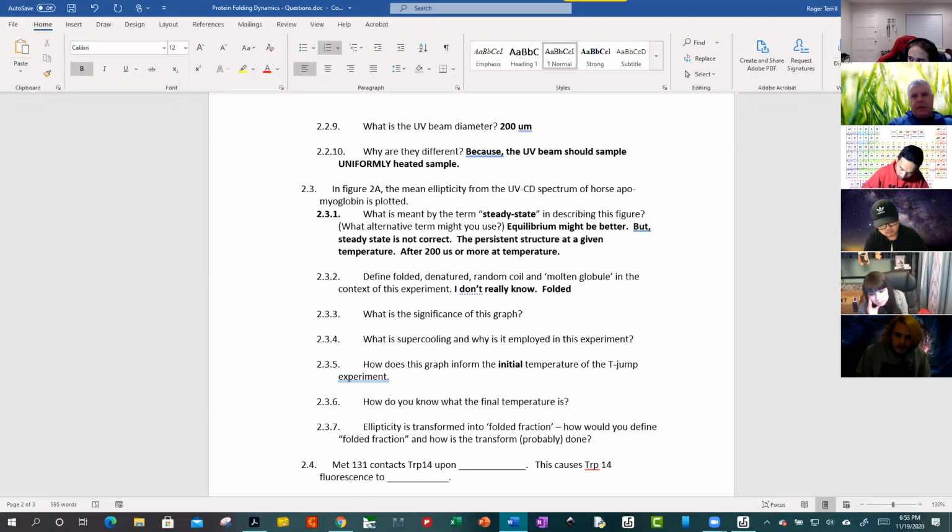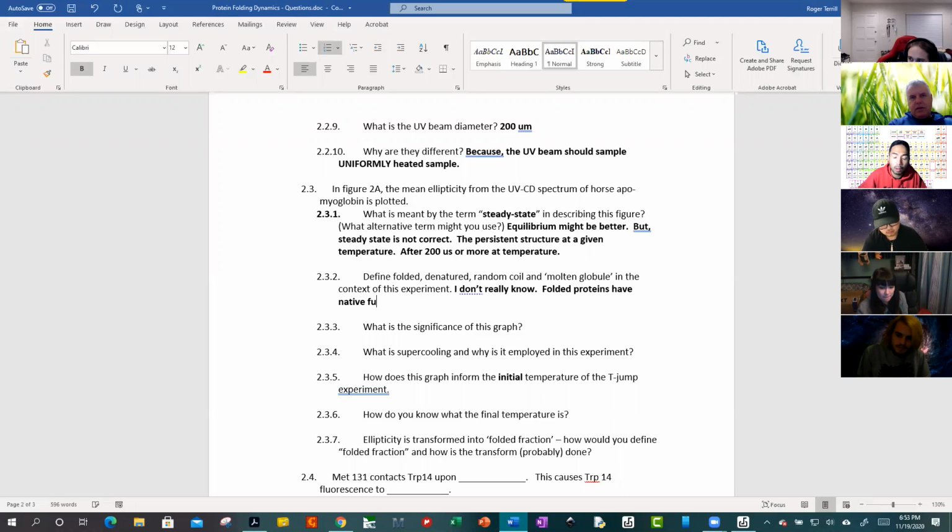Folded proteins have native function, right? Denatured do not. Random coil, I don't know. And molten globule, I'm not sure.